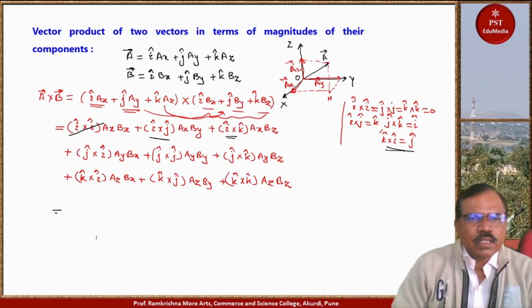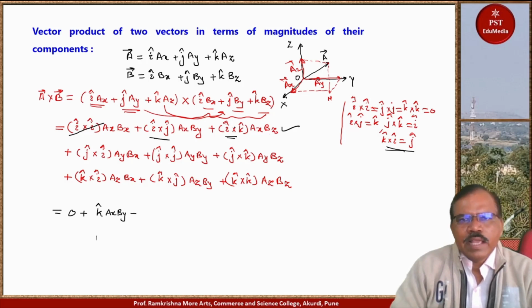So from the first line, the first one is 0 plus I cross J, which is K, AX BY, and now I cross K is minus J, so minus J AX BZ.